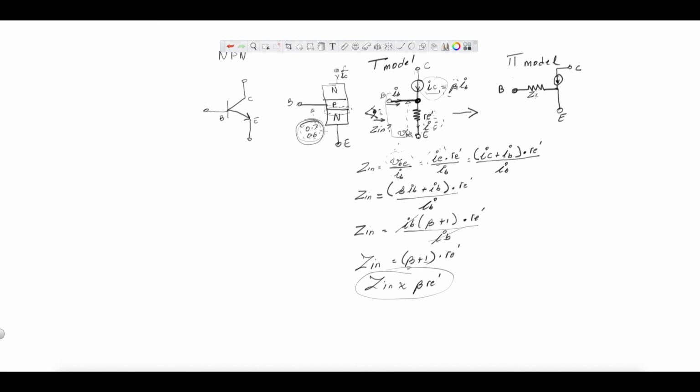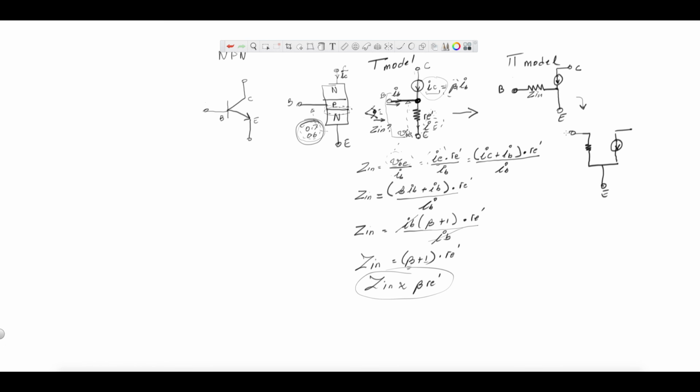So this is Zn, right? Can we reconfigure it so it will look like pi? And the answer is yes. You could do something like this, and then the current looks this way, and then the emitter is down here.